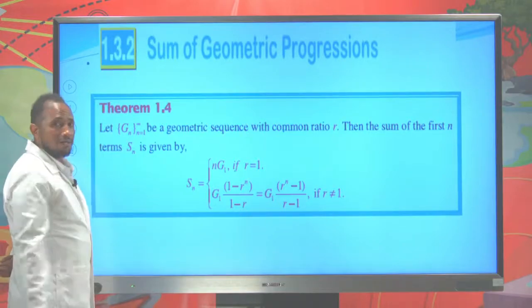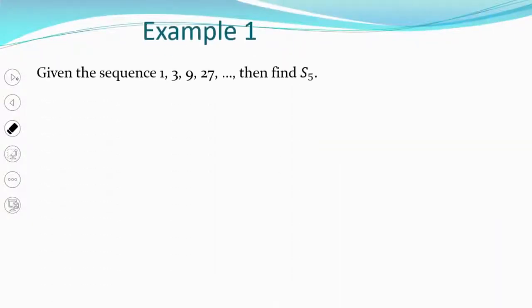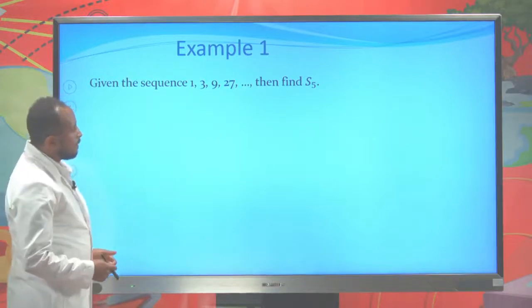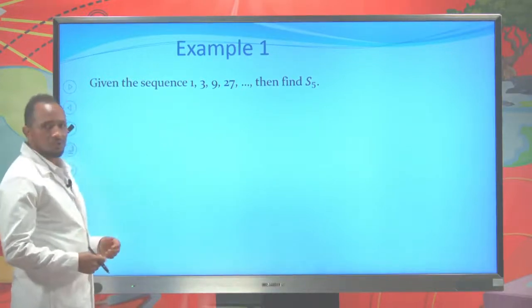So let's apply this formula through an example. Given the sequence 1, 3, 9, 27, and so on, you are asked to find the sum of the first 5 terms of this sequence.